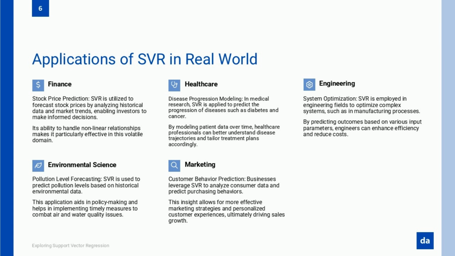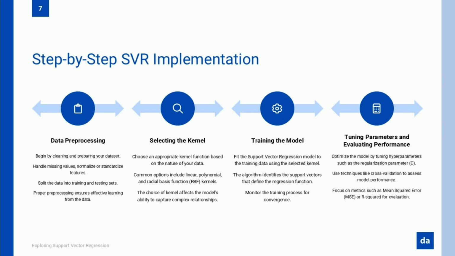Now that we've seen where SVR is making an impact, the next step is understanding how to actually implement it. How do we take a dataset, apply SVR, and make accurate predictions? Let's walk through the process step by step. Implementing support vector regression may seem complex at first, but when broken down step by step, it follows a logical and structured process.